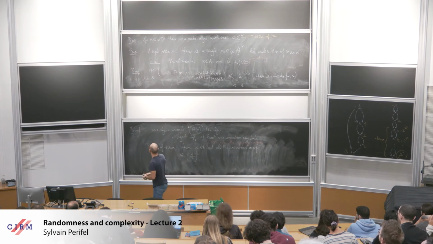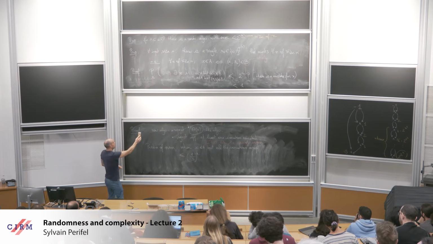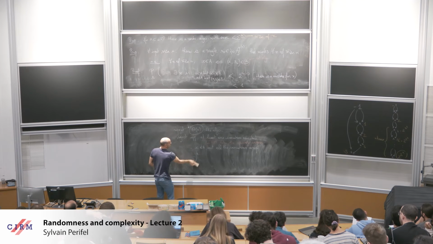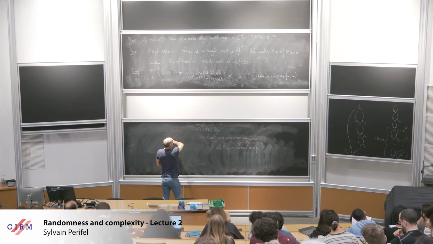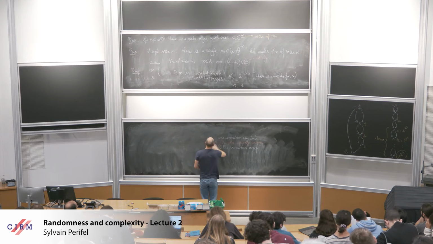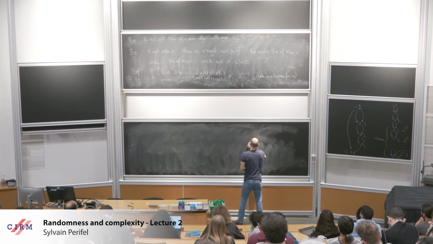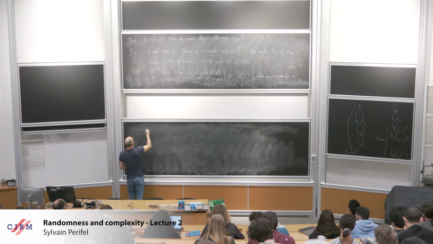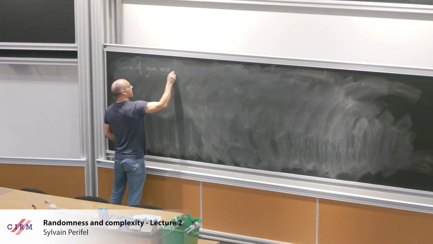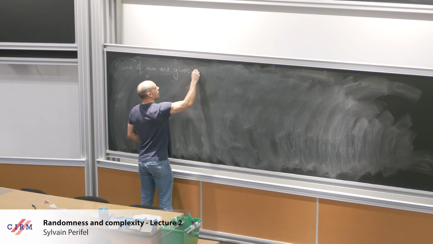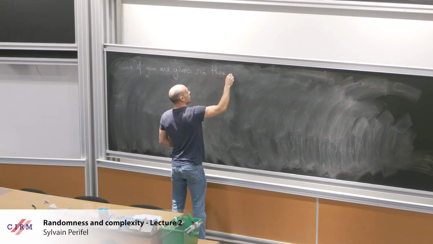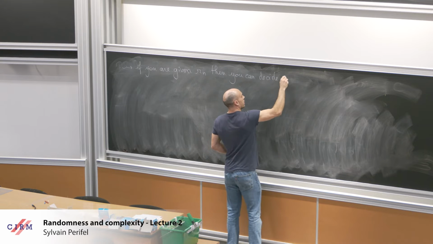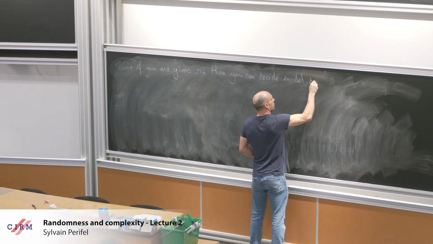Now it means that if you are given such an R, actually you can decide your problem in deterministic polynomial time. So if you are given R_n, then you can decide your problem in deterministic polynomial time.